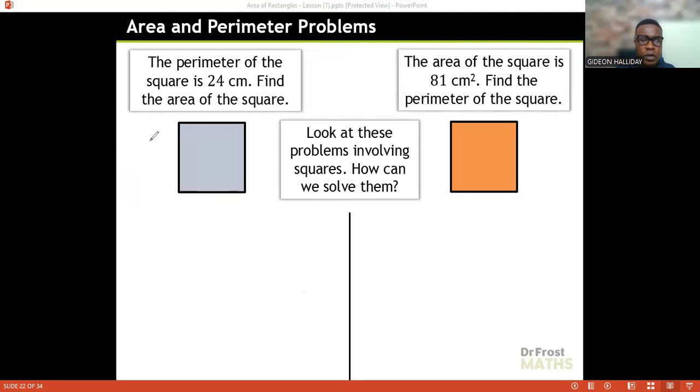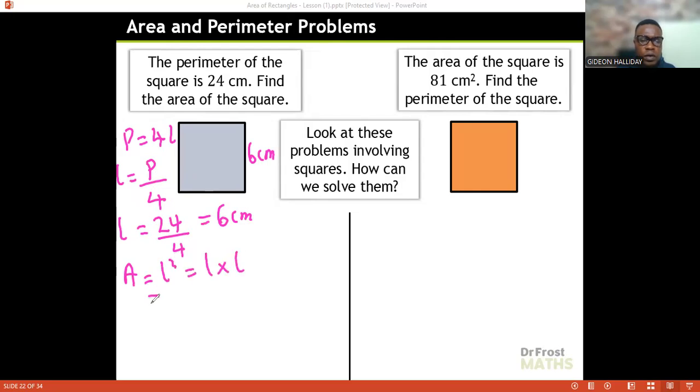So if perimeter is 4L, then L will be perimeter divided by 4. So your length will be 24 divided by 4, and that equals 6 centimeters. Now you can find the area. Remember, area is L squared, which is L times L, and that's 6 times 6, and that's 36 centimeters squared.